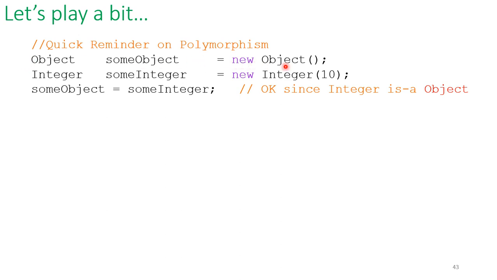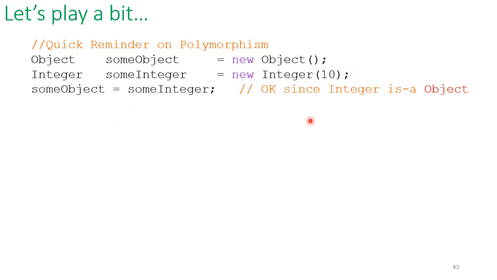In this case, we create an instance of the class Object and we put its reference into someObject. Then we have someInteger, and we do pretty much the same thing here. someInteger is meant to hold a reference to an object of class Integer. We create a new such object containing the value 10, and we assign its reference to someInteger.